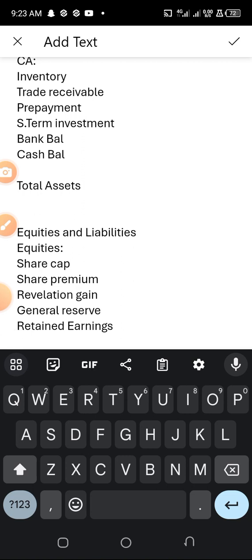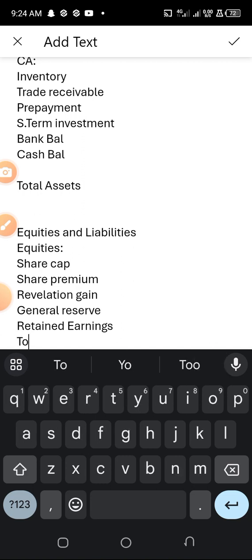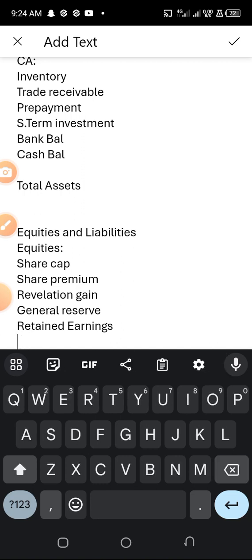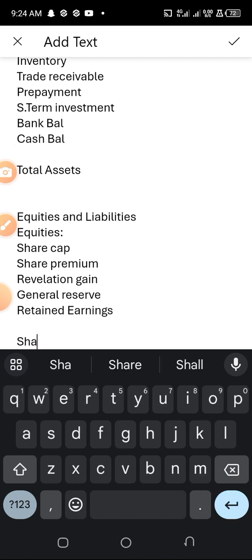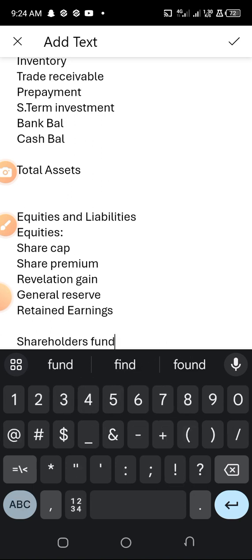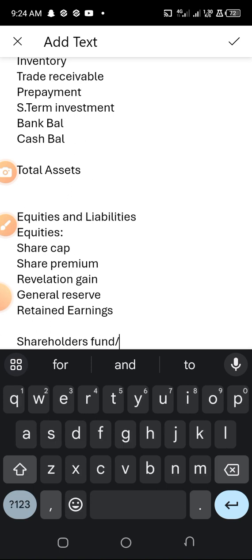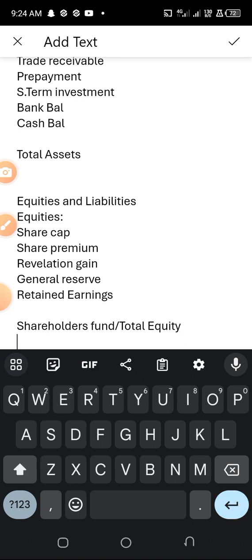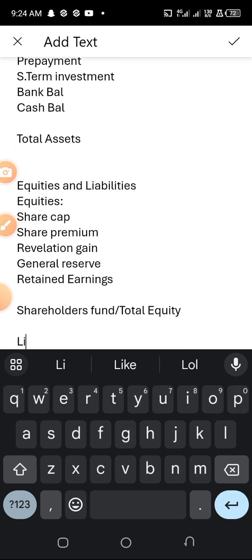The total of the above is what we call the shareholders fund, or total equity. So the next one is liabilities.